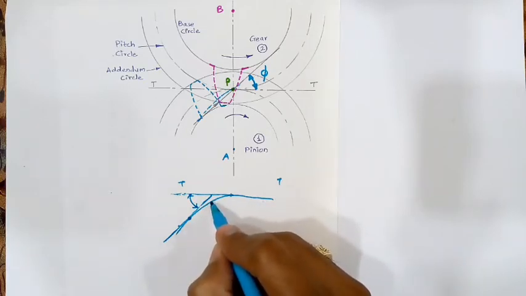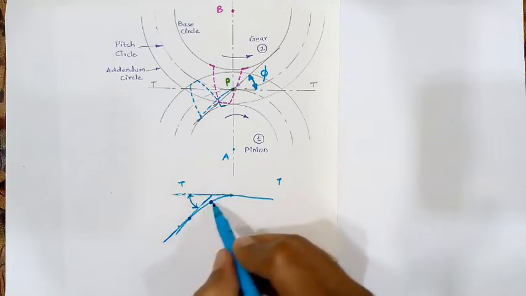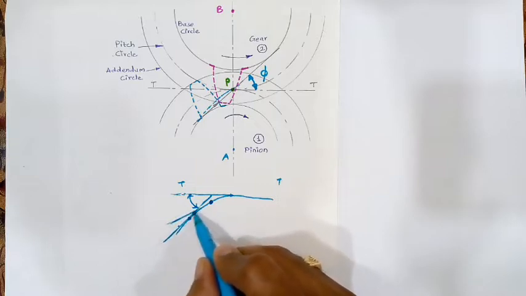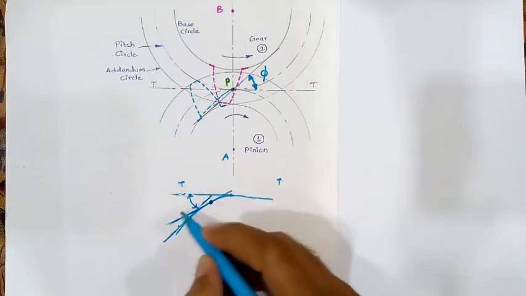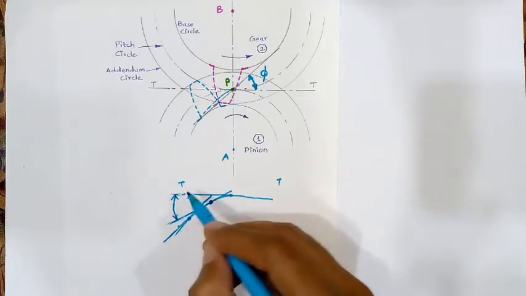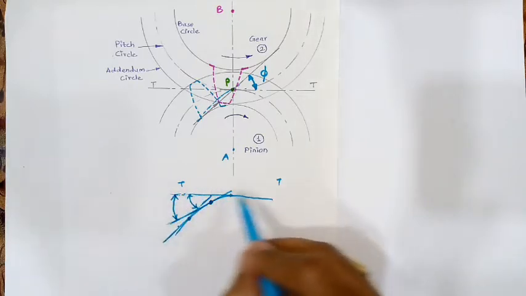Similarly, at another instant, I will draw a tangent to the curve from that point and measure the angle made by this tangent with respect to the TT line.